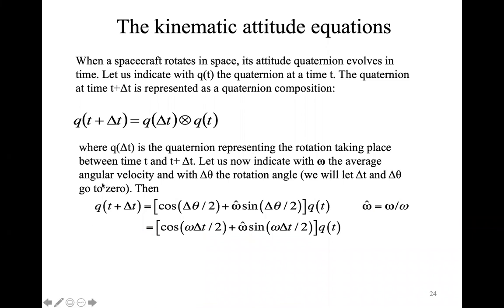As I told you yesterday, if you have the state at two different epochs, let's assume that at a certain time t, you have your knowledge of the quaternion, so you have a qt. And you want to determine the orientation at time t plus delta t.